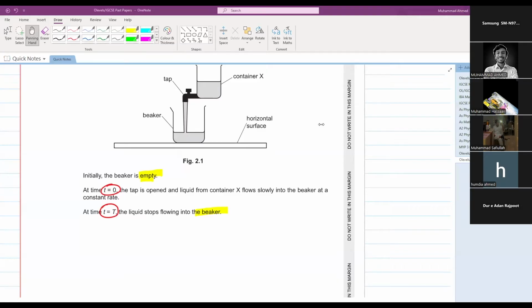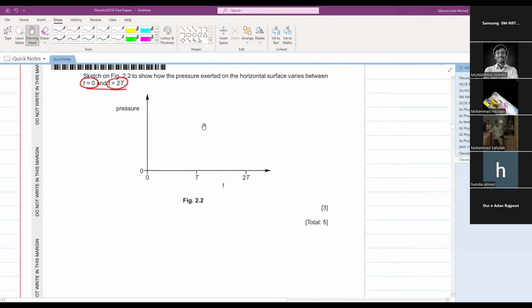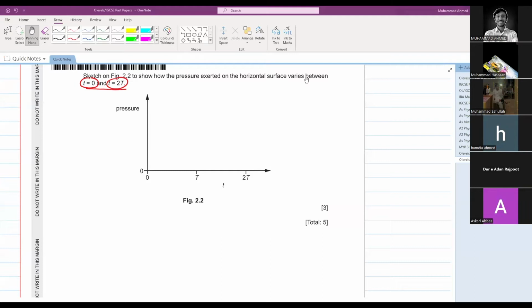Now you have to draw the pressure variation between time t equals 0 and time t equals capital T.